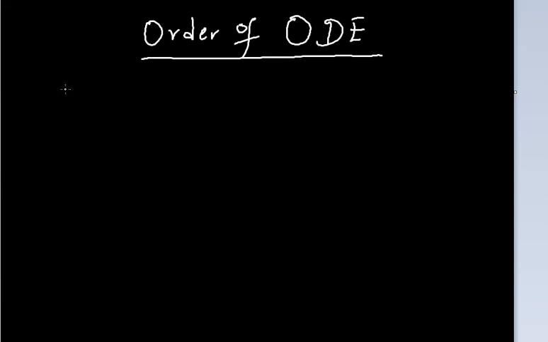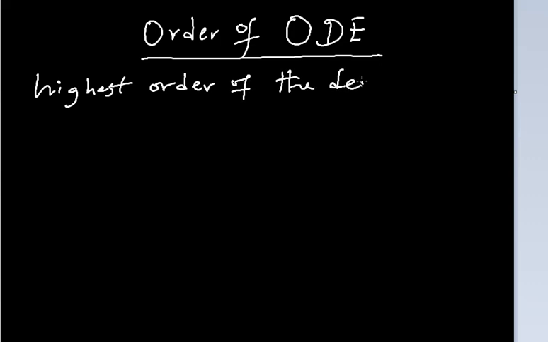The order of an ODE can be found by identifying the highest order of the derivative in the equation. The highest order of the derivative in the equation shows the order of the ODE.